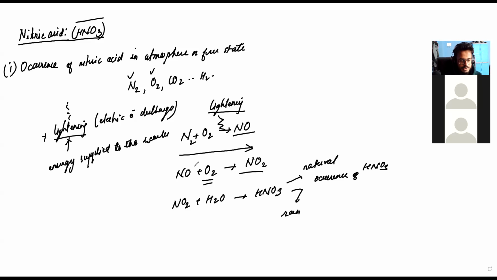Then nitrogen oxide can react with oxygen to form nitrogen dioxide, right? Further, this nitrogen dioxide reacts with atmospheric water vapor to form nitric acid. Okay, and this nitric acid comes down as rain. So this is the occurrence of nitric acid.